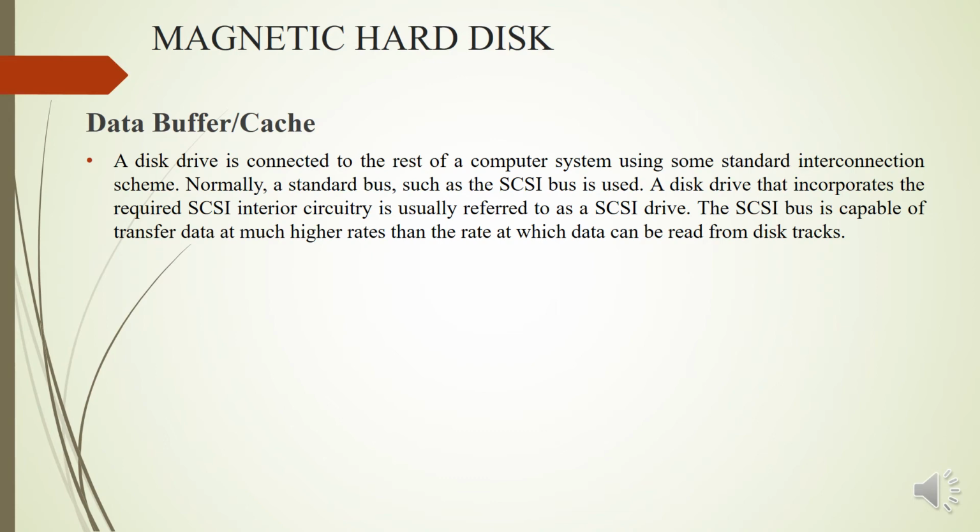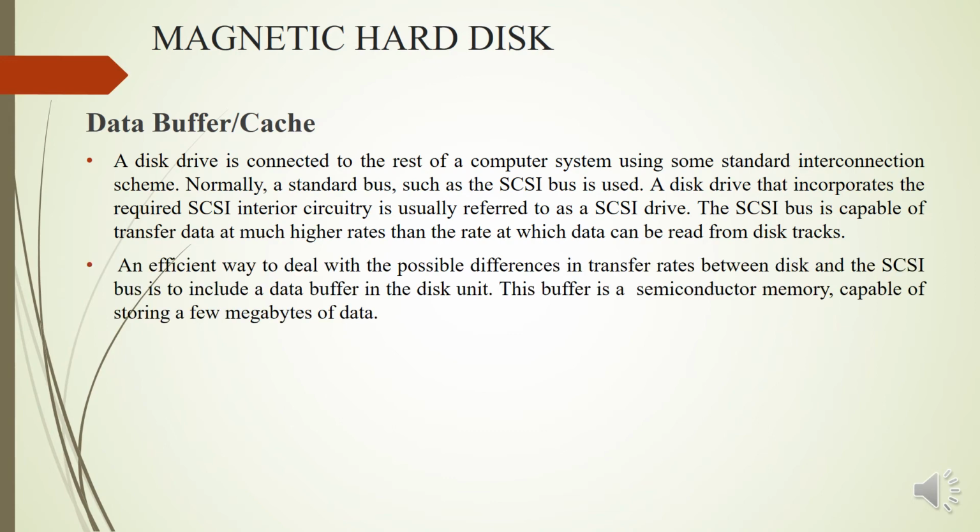A disk drive that incorporates the required SCSI interface circuitry is usually referred to as a SCSI drive. The SCSI bus is capable of transferring data at much higher rates than the rate at which the data can be read from disk tracks.